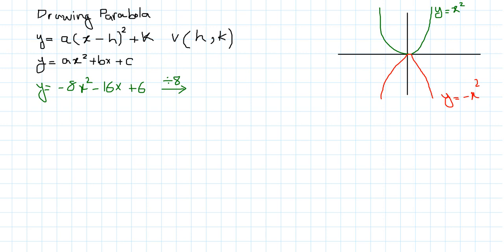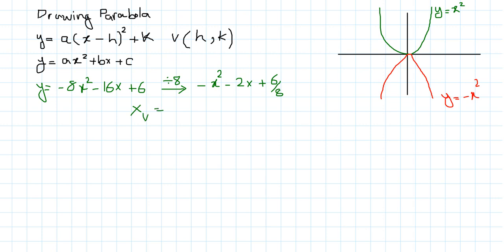So divided by 8, it is minus x squared minus 2x plus 6 over 8. You know 6 over 8 is 0.75.